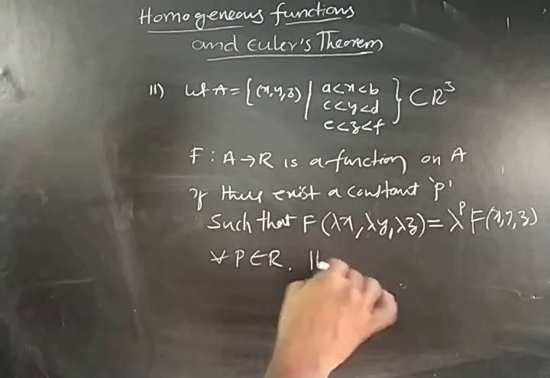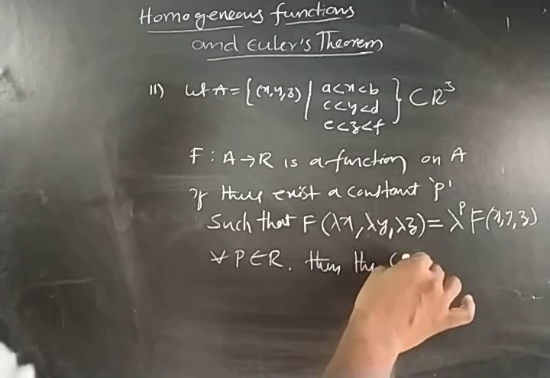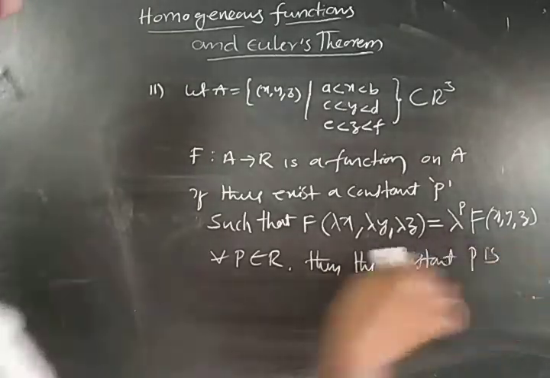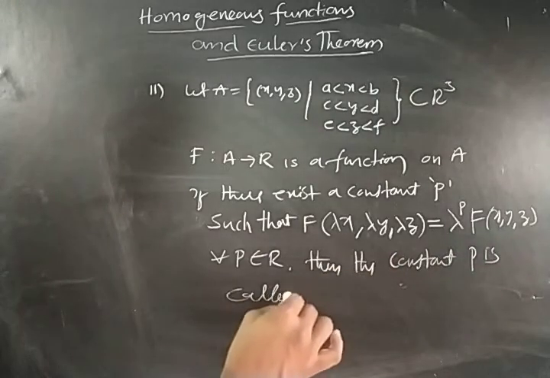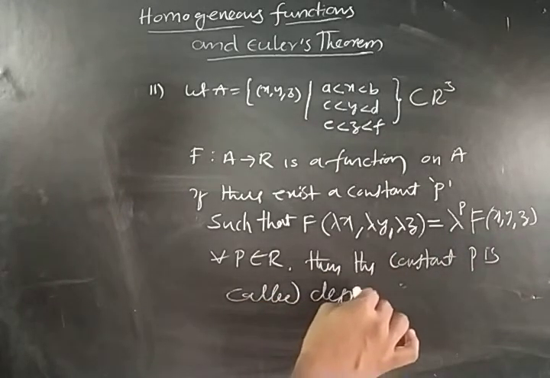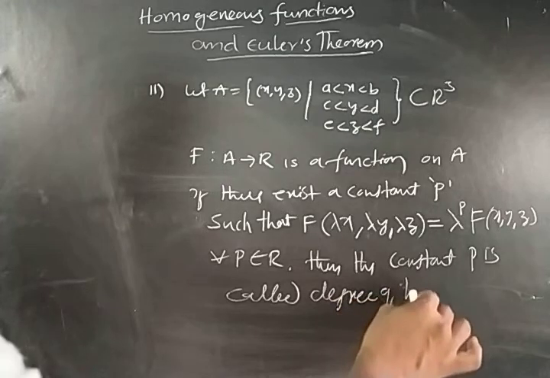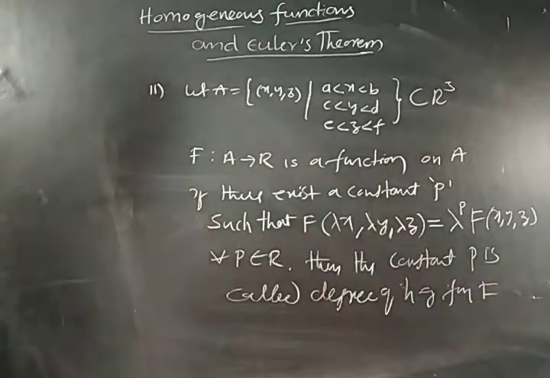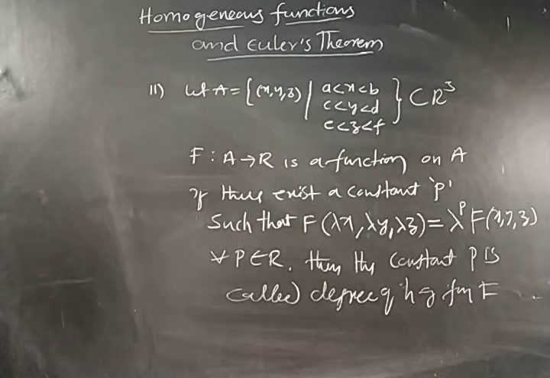Then the constant p is called the degree of the homogeneous function f. So this is the definition of homogeneous functions in two variables and three variables.